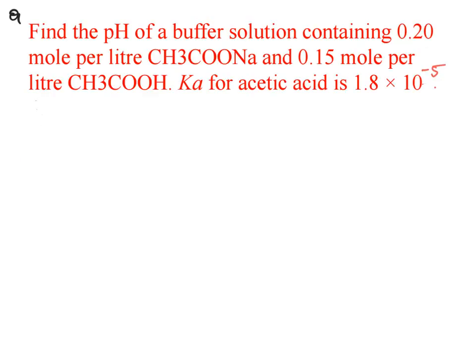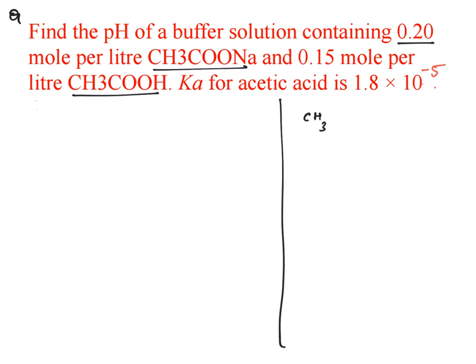First problem: find the pH of a buffer solution containing 0.2 moles of sodium acetate and 0.15 moles of acetic acid, and they have given the acid dissociation constant. So it is an acidic buffer solution. The buffer is formed by acetic acid and the sodium salt of acetate.